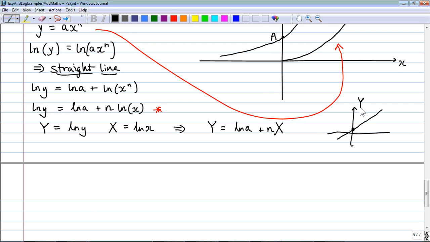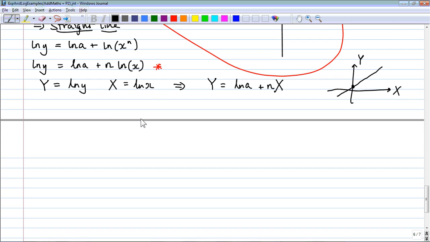If this is capital Y now, not lowercase y, it's really the logarithm of the first y, and this is capital X, which is the logarithm of the first x. Then the question becomes, what is the y-axis intercept and the gradient of this line? Now I'm just going to draw it a little bit more neatly so we can work with it properly.